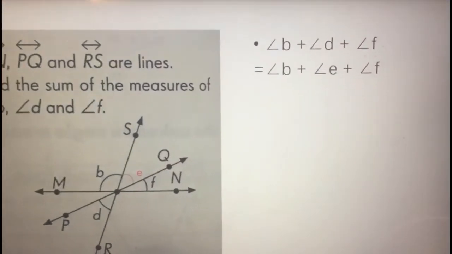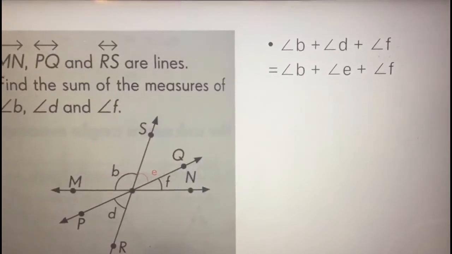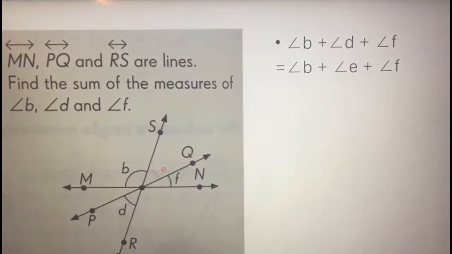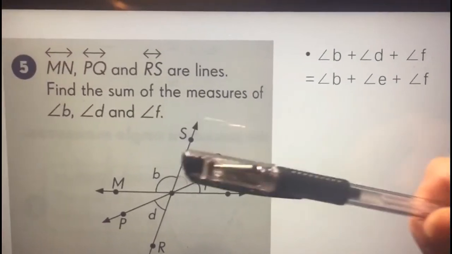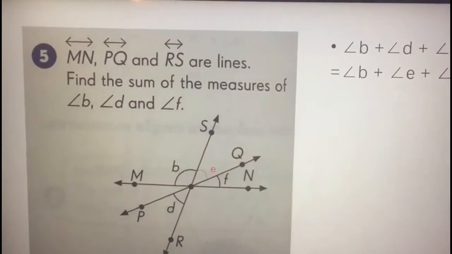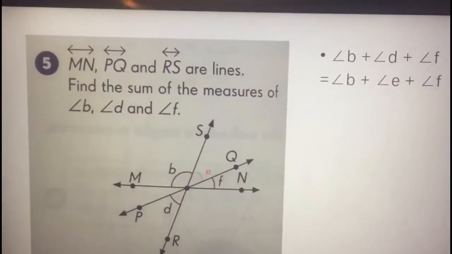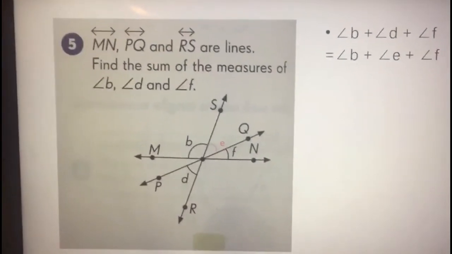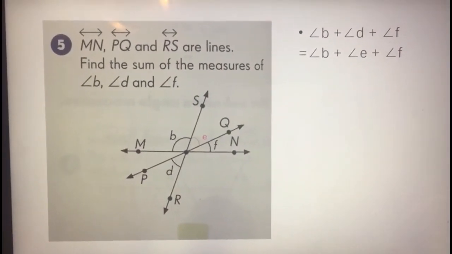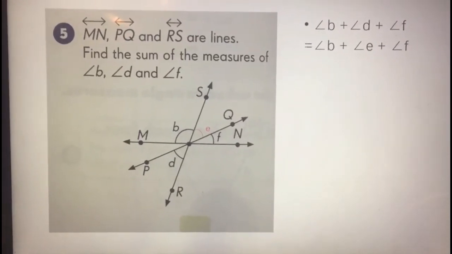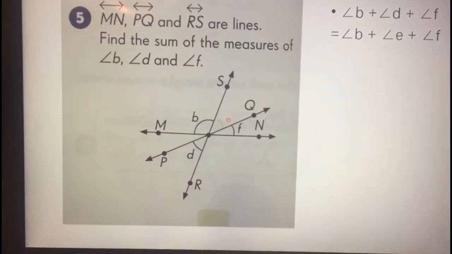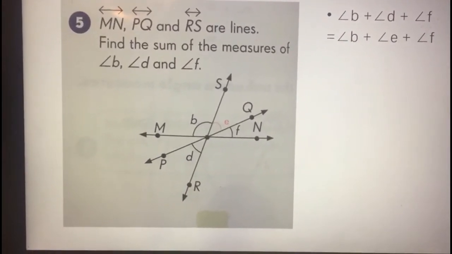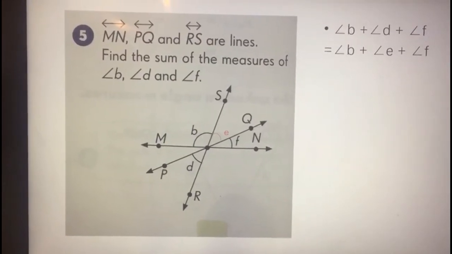So angle B plus angle D plus angle F would be the same as angle B plus angle E plus angle F. Do you notice that there are three angles on the line MN? And do you know the sum of their measures? Right. If you know that, you would know angles on the line measure up to 180 degrees. Then you would know how to figure out the answer of this question. And you're able to solve it.